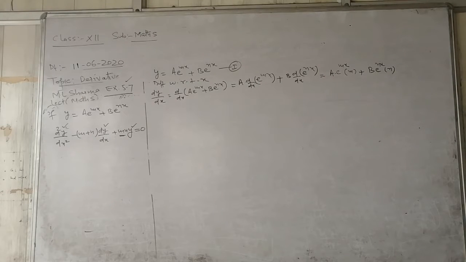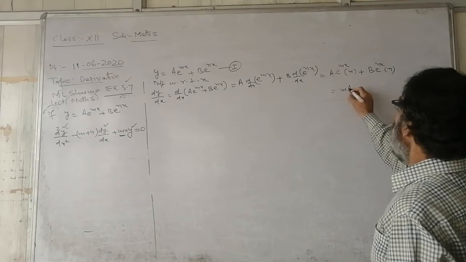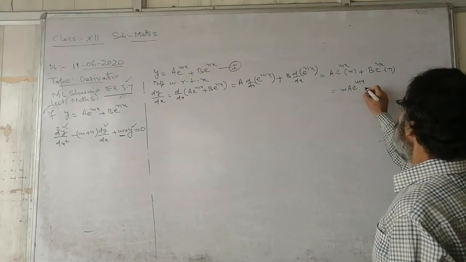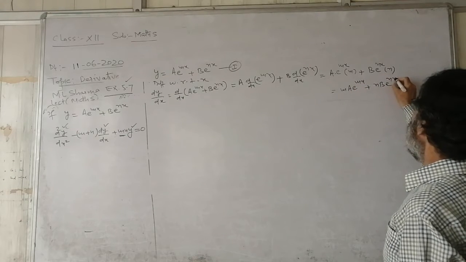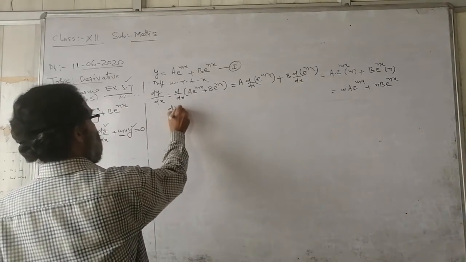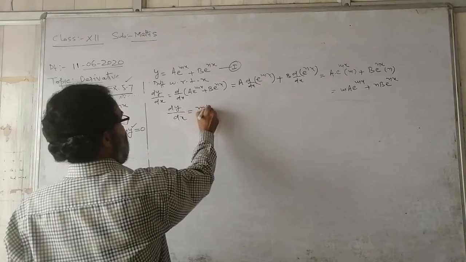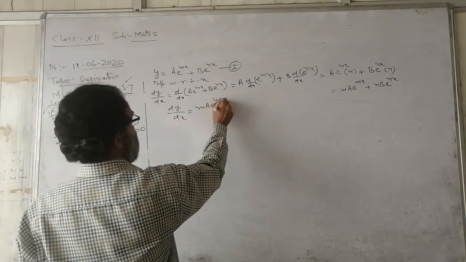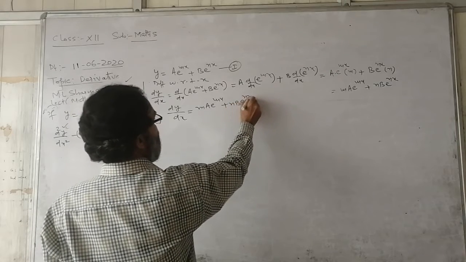So this is the value of dy/dx. I can say this is m a e^(mx) plus n b e^(nx). So this is the value of dy/dx.